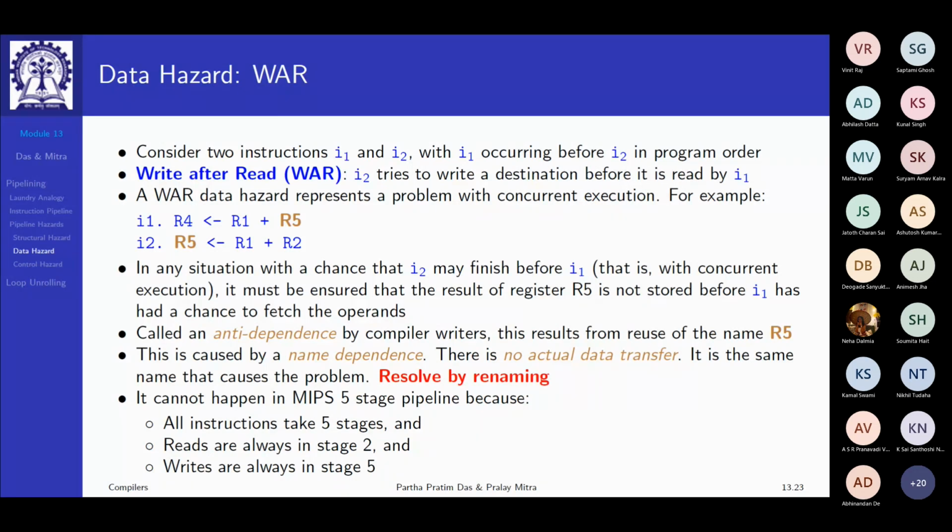So in simple terms, you can solve this problem by calling R5 something else, R6. Okay? You can use some other register. You would recall that when we were doing Chaitin's algorithm for graph coloring, we added constraints saying that, well, Z cannot be allocated to R1, something like that.